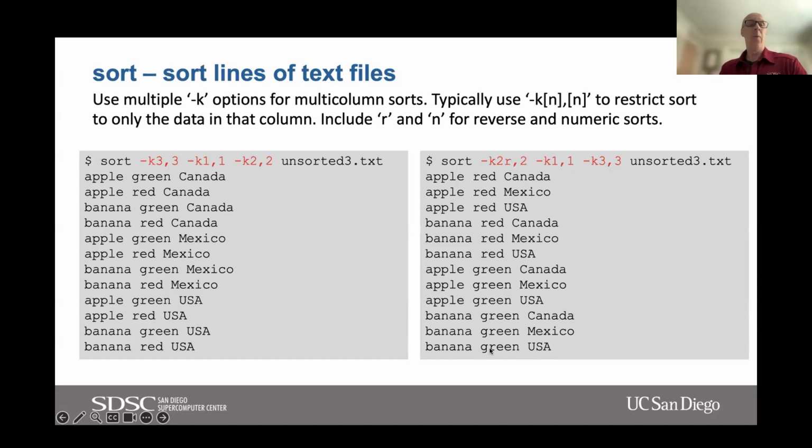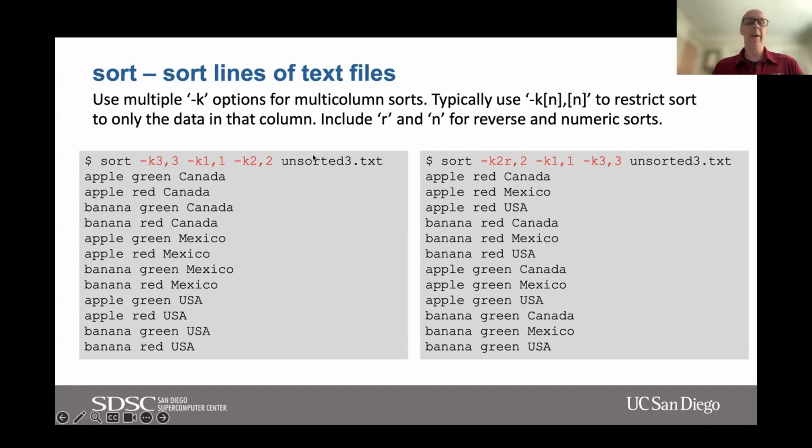And then finally, we can do a multi-column sort. So we can use the -k option multiple times. And we can also restrict the sort to only data in this column. So the syntax is a little more complicated. We're also throwing in there the r option to do a reverse sort, and n, as we saw earlier, for numeric sorts.